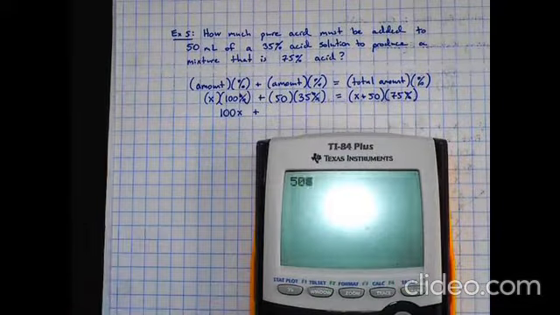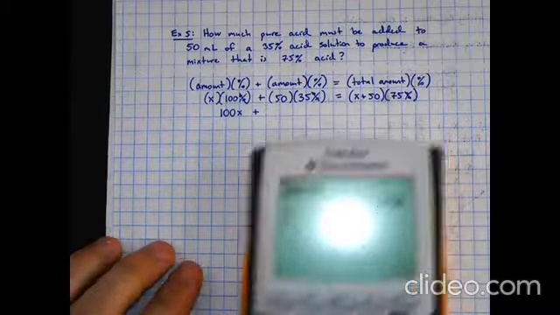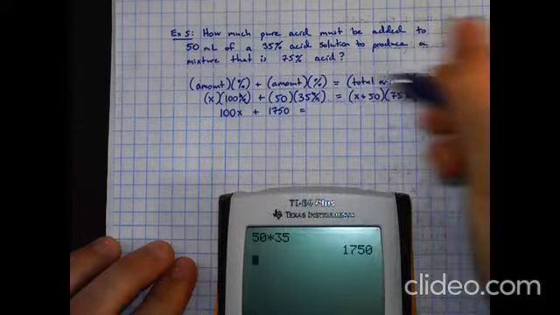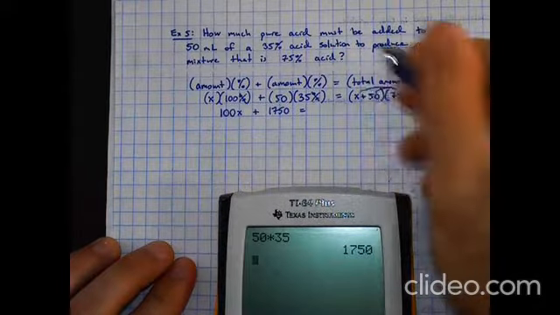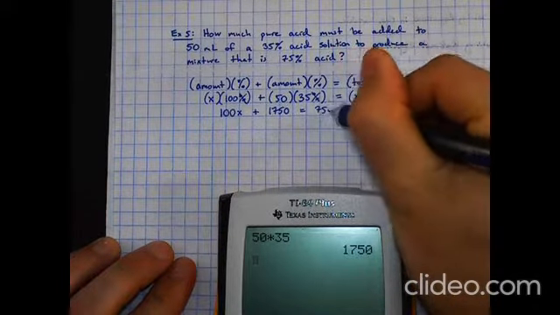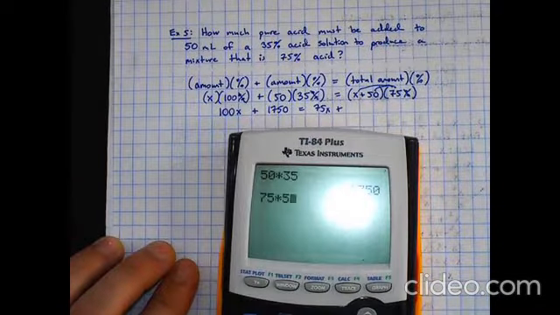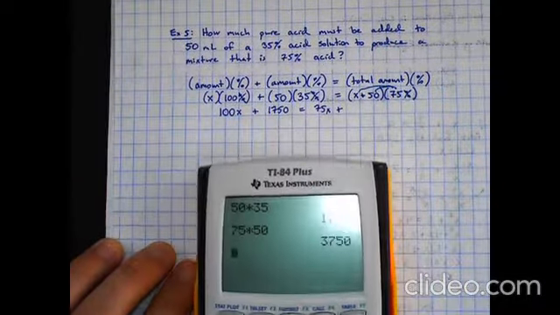I'm back. 1750 equals, and I want to distribute this 75, so 75x plus 75 times 50. We get 3750.